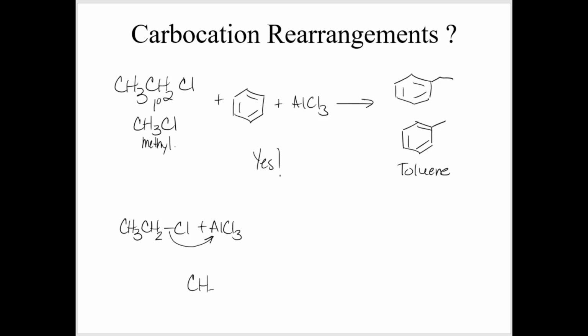So in terms of a transition state, I start to break my carbon-chlorine bond, and I start to form my carbon-aluminum bond. And as that happens, the chlorine is becoming slightly negative and the carbon is becoming slightly positive.